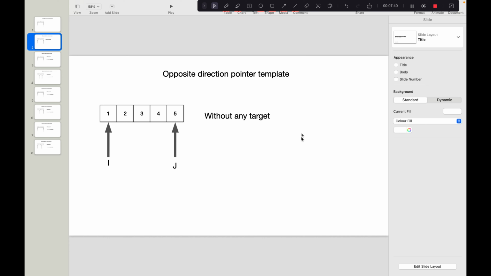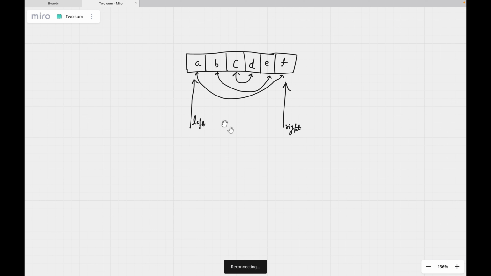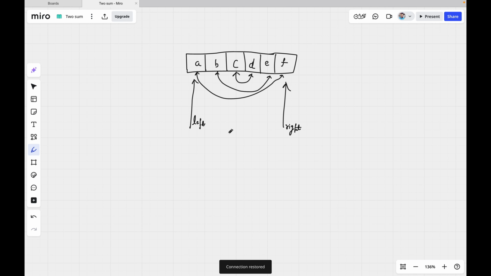So let's say we don't have any target. Without any target, what will happen? I'm taking an example here. Let's say we have a use case: I need to swap numbers, I need to reverse an array.